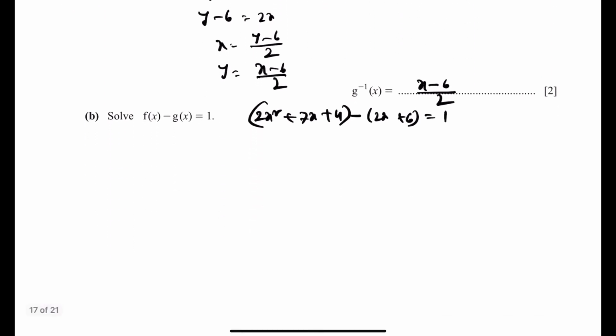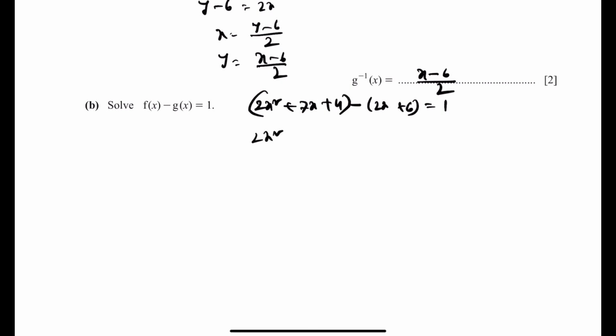So now we can solve this. 2x square plus 7x plus 4 minus 2x minus 6 minus 1 equals 0.